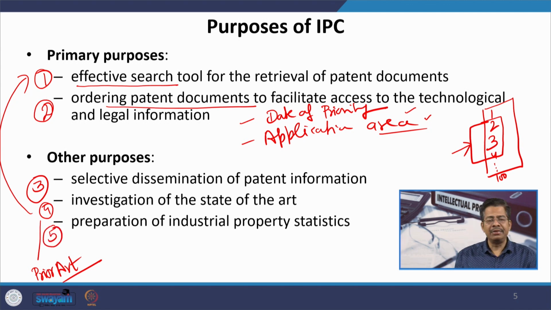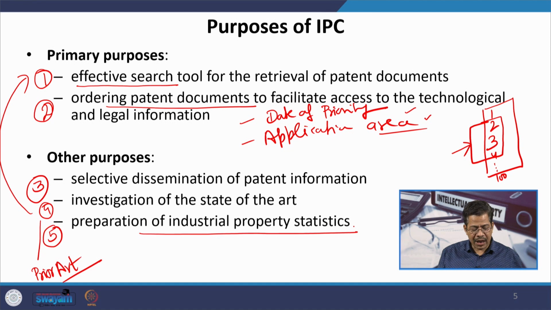When you have a proper classification scheme available, you will also be able to know how many technologies are currently available which can be used for industrial application purposes. So, this preparation of an industrial property database is also possible because of this classification scheme.